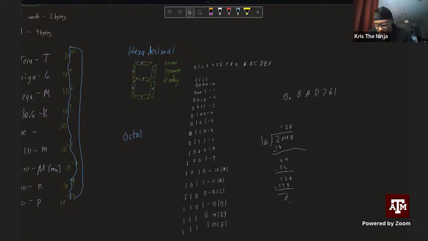Okay, so let me review octal, because I have not used octal in at least 4 years. Octal has 8 digits, so you go from 0, 1, 2, 3, 4, 5, 6, 7.